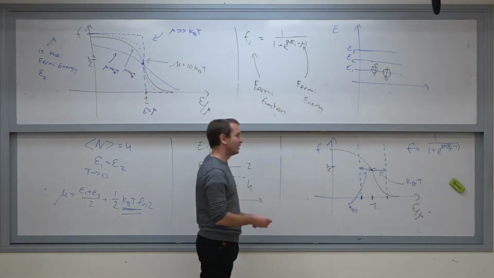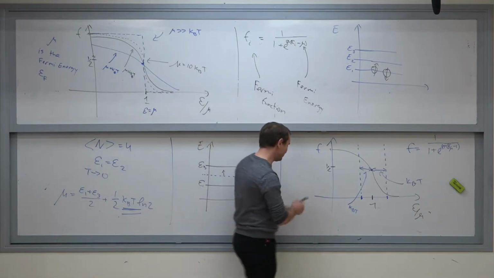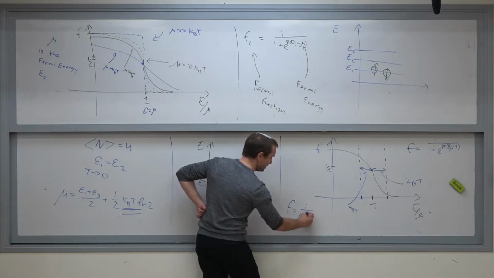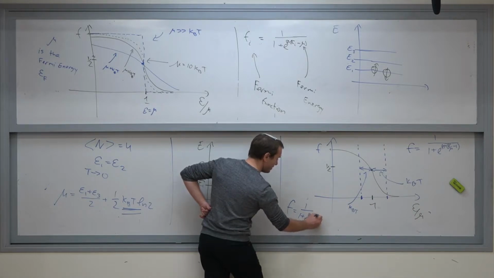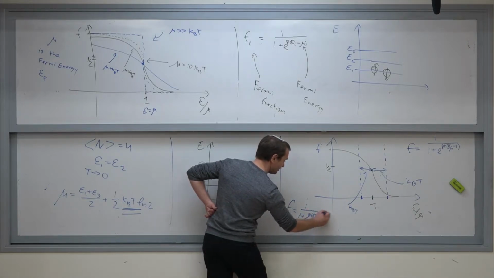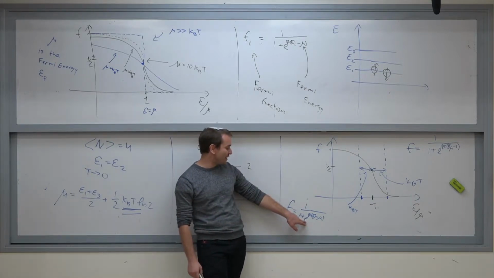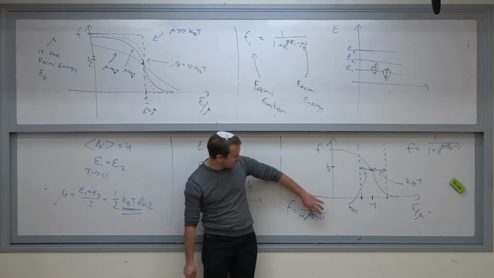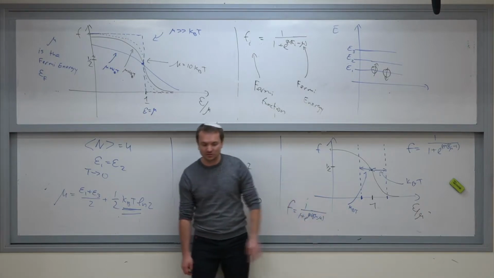Okay. How do we see this? Well, basically, if we have F equals 1 divided by 1 plus e to the beta times epsilon minus mu, what we need to approximate is how fast either this grows or how fast this decreases to 0. So epsilon minus mu is either greater than 0 or smaller than 0.